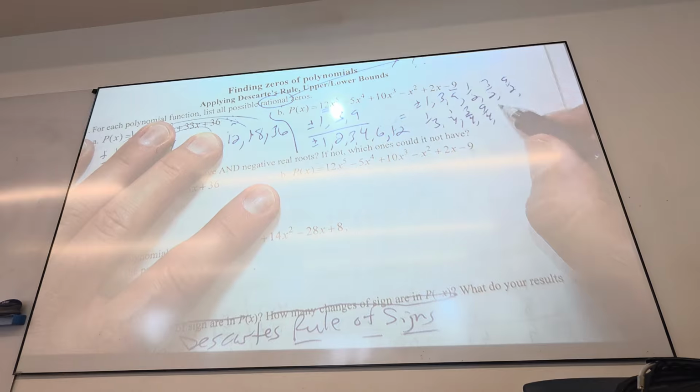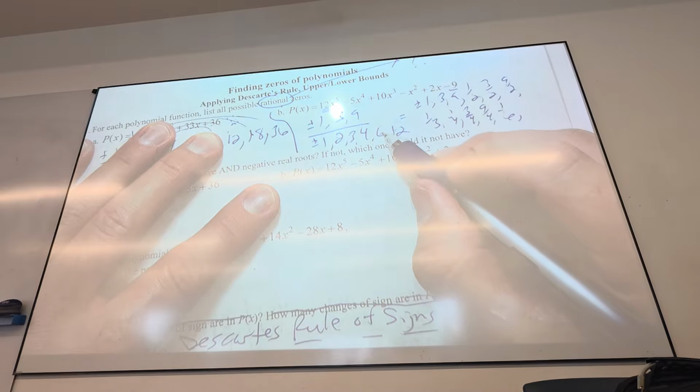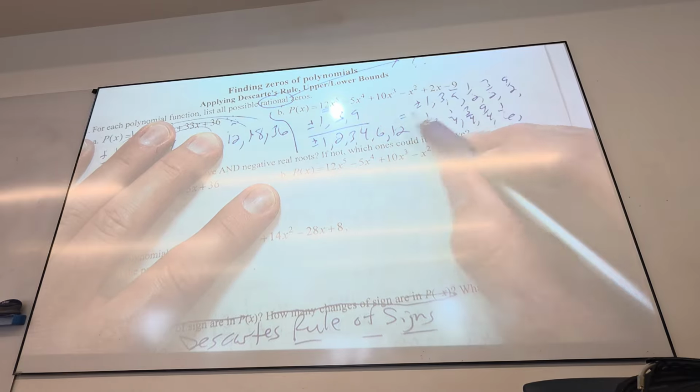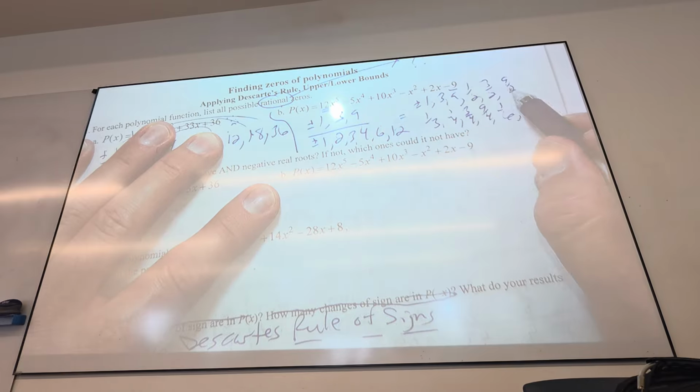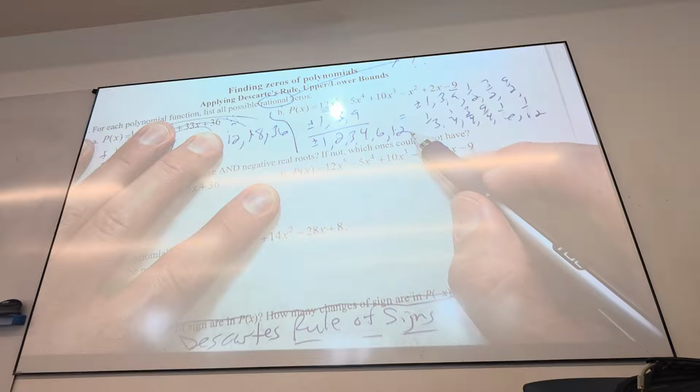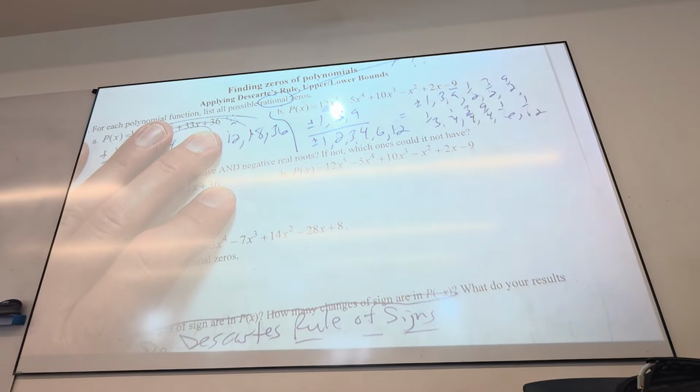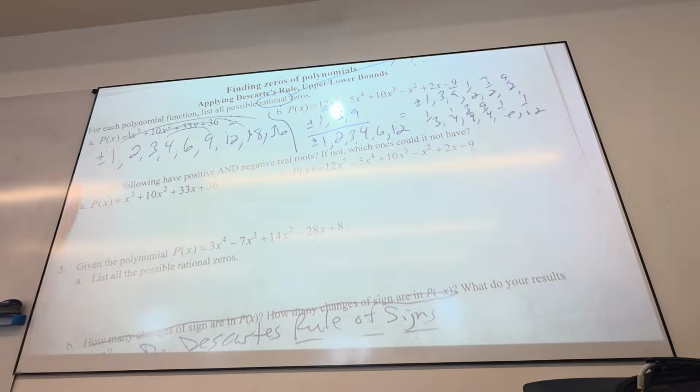Take each one divided by 6. 3 over 6 is 1/2, 9 over 6 is 3/2. Take each one divided by 12. 3 over 12 is 1/4, 9 over 12 is 3/4. So that's my list. How many things are here? 1, 2, 3, 4, 5, 6, 7, 8, 9, 10, 11, 12, 24 things.